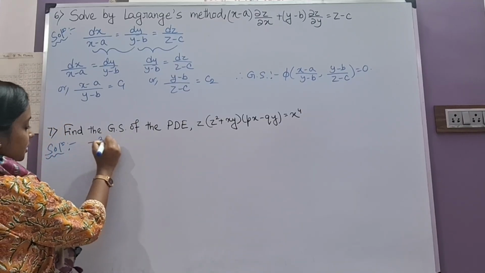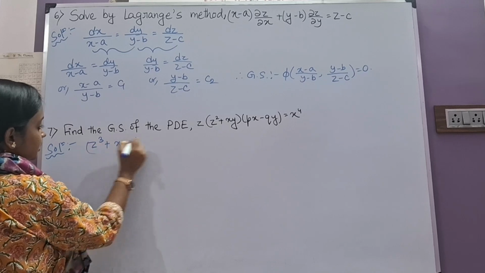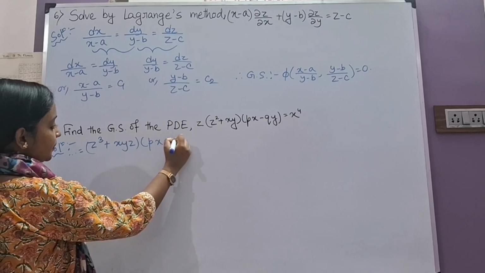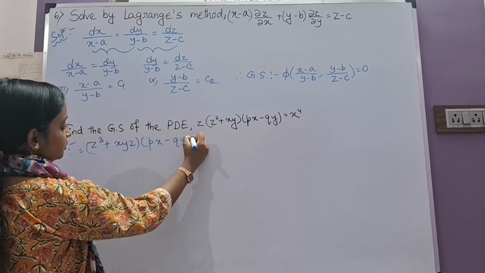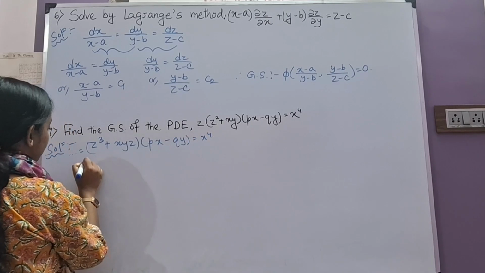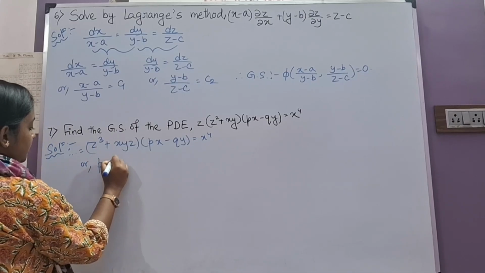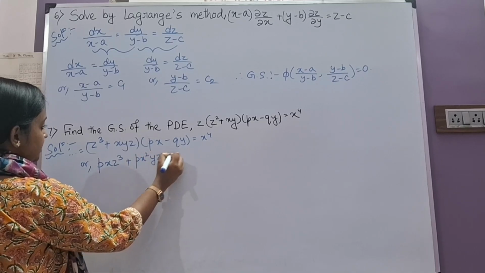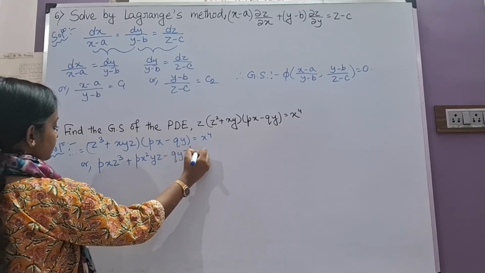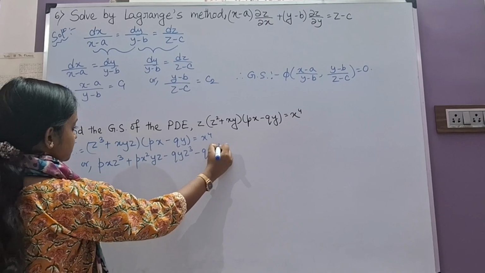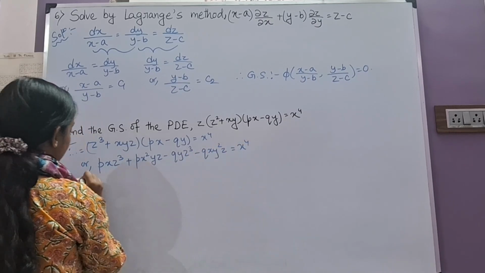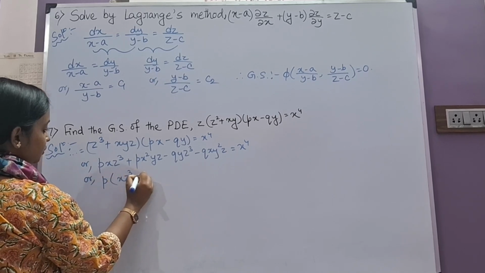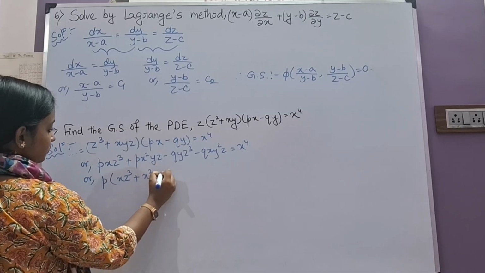So this is equal to (z cube plus xyz) into px minus y q into y equal to x to the power 4, or pxz cube plus px squared yz minus qyz cube minus qxy squared z equal to x to the power 4, or p into (xz cube plus x squared yz) minus q into (yz cube plus xy squared z).